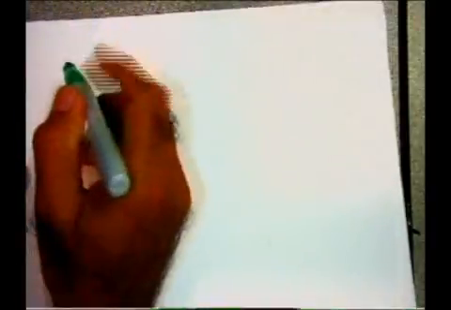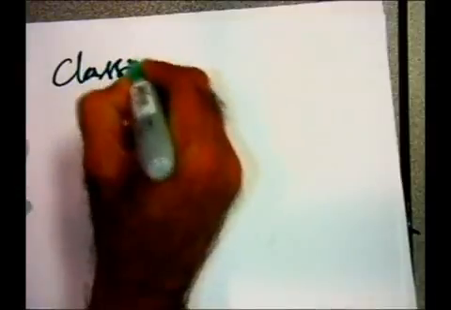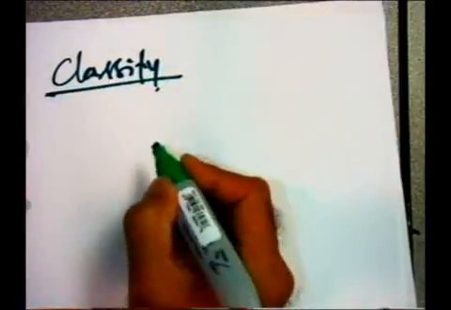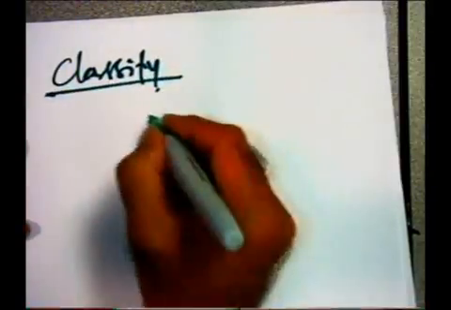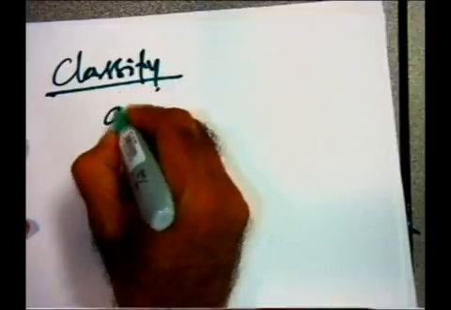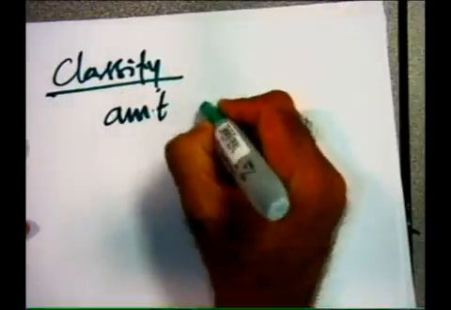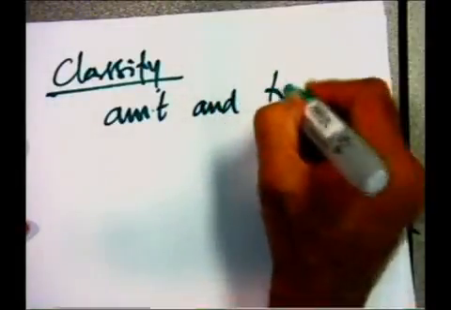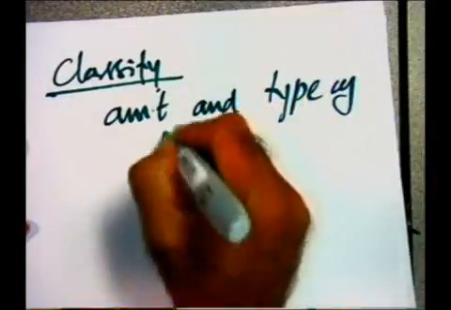Let's go on to the next one. How do we classify this? Classify the connective tissue. We can classify connective tissue depending upon the amount and type of matrix.